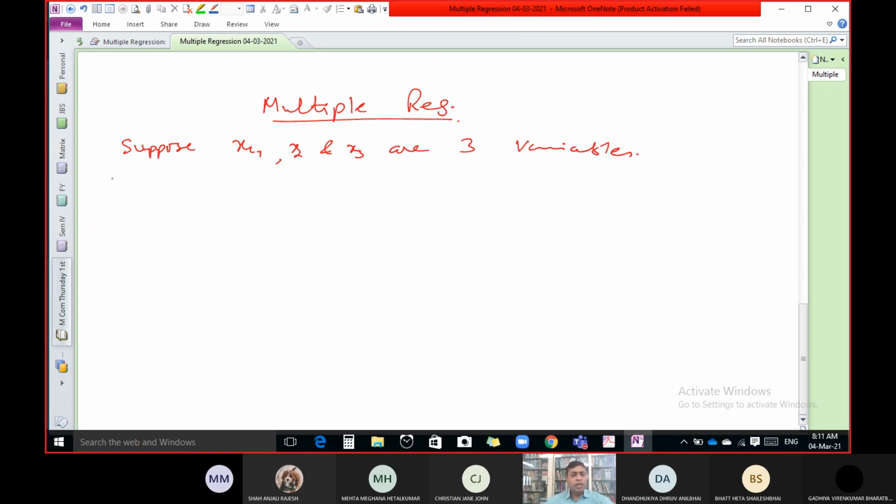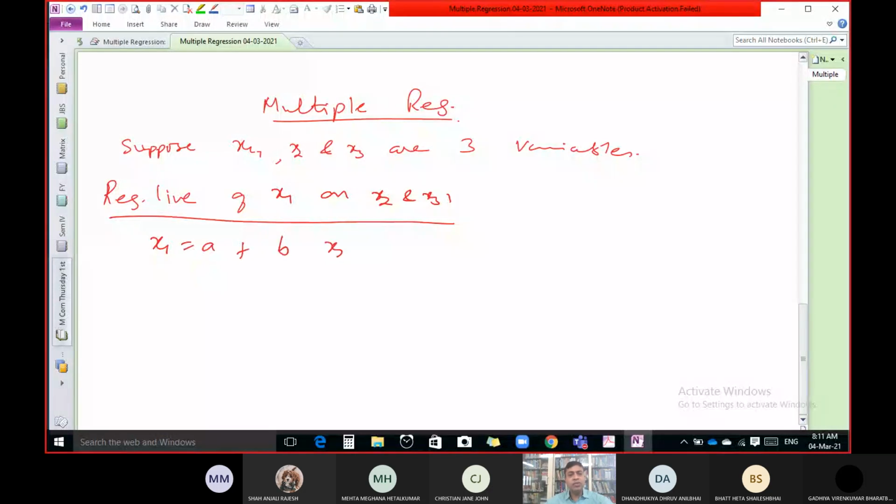Now for regression, there are three regression lines because there are three variables. One is the regression line of x1 on x2 and x3. The formula for that is x1 equals a plus b x2 plus b x3, but the first b is the relation of 1 and 2, so you write 12 keeping the third constant: b12.3, and the other is denoted by b13.2.